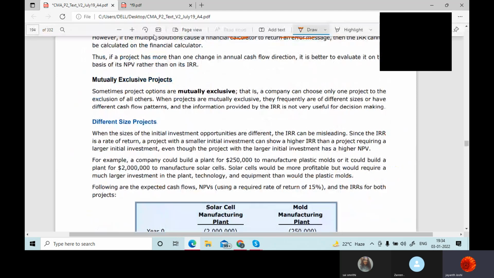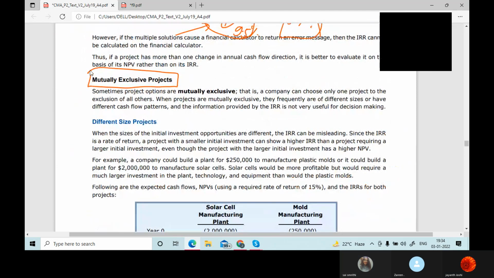And mutually exclusive projects, now let us understand this. See, a mutually exclusive project is nothing but out of two you have to pick only one.